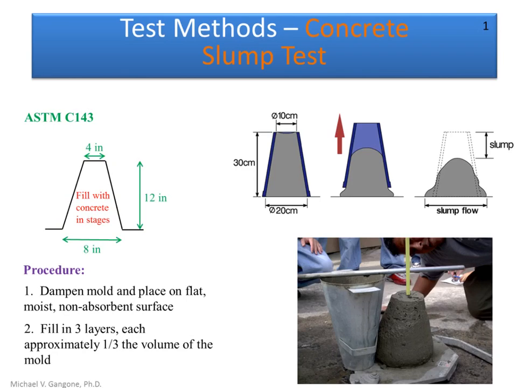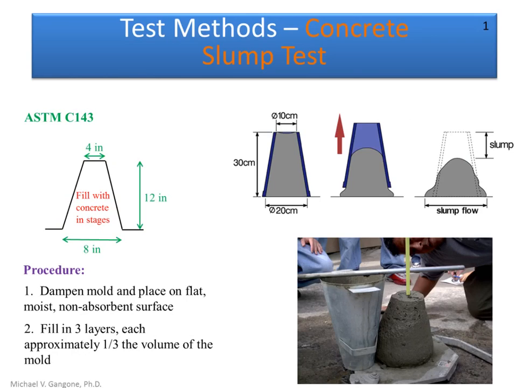This gives us some indication of the consistency, or really the workability, of the concrete. It's an indirect measure of those properties. It also gives us a very indirect indication of the amount of water in the mix, particularly if you're not using any admixtures.